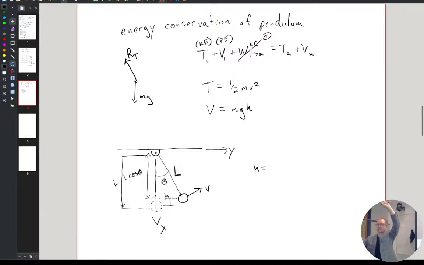L cosine theta, as theta increases, is the distance from the base to the current position. So what's H? L minus L cosine theta. Yeah, just take the difference, right?